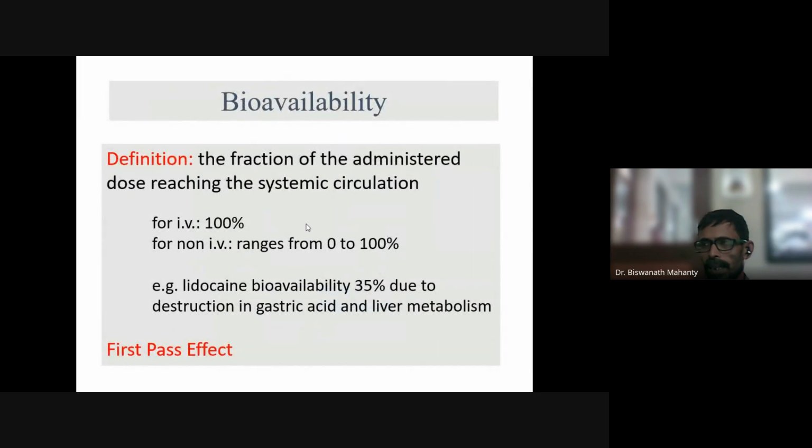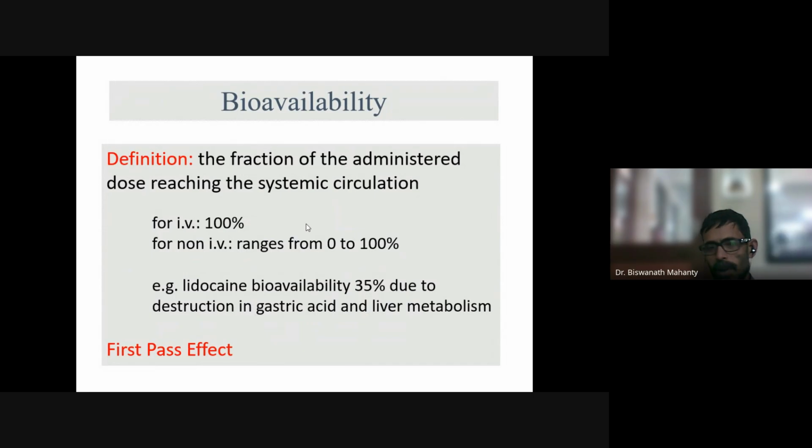So we define the term bioavailability, because when you are using some dosage form, how much molecule is going inside the system compared to how much dosage is there. For intravenous, the bioavailability is 100% because whatever amount of the drug you are injecting, all of it is reaching your systemic circulation.